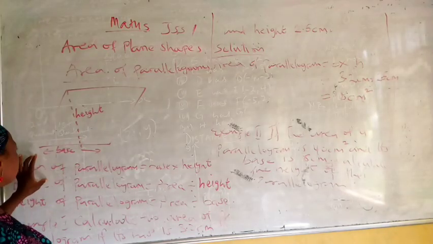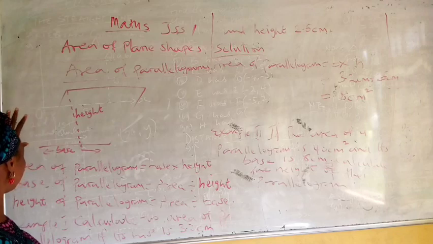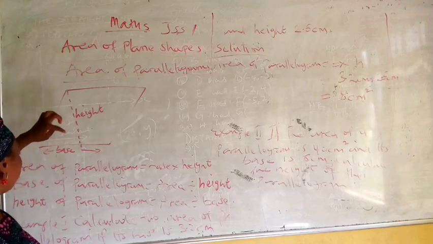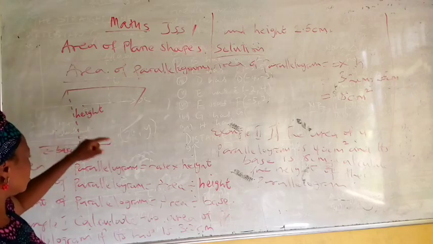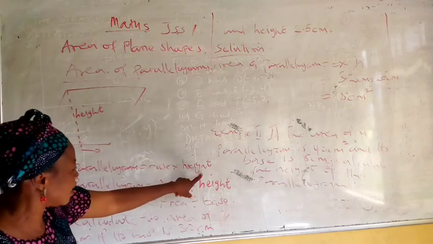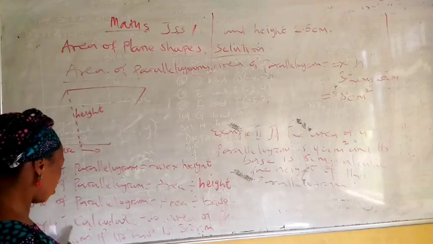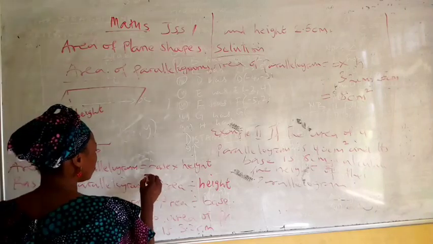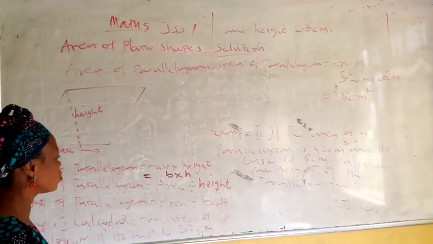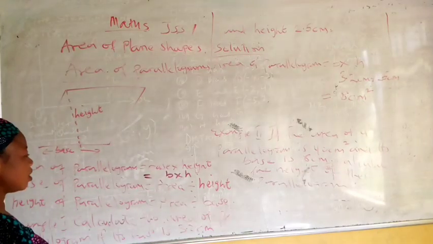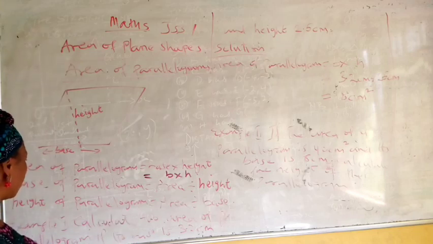For this one now, based on this diagram, to find the area of this parallelogram, we use the base multiplied by the height, which is base times height, or in short form, it can be written also as b times h, and it's also either in centimeter square or in meter square.